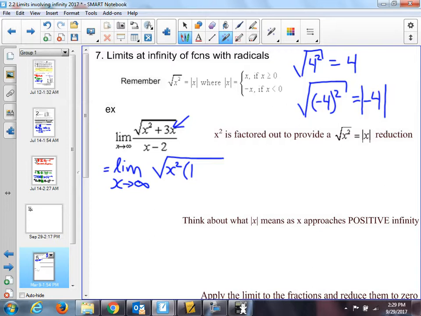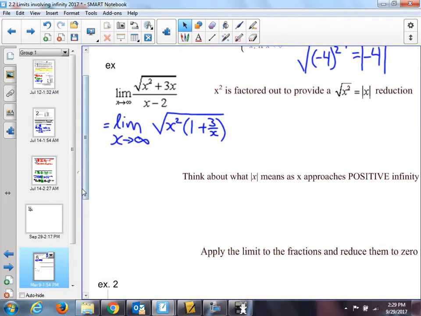Just think divide by x squared. This is something you probably already recognize from what we did yesterday. That's something we can deal with, those infinity things, right? 3 over x as it approaches infinity is really 0. Okay, back to this. I haven't done anything to the denominator. But now I can treat this like one of the other problems.